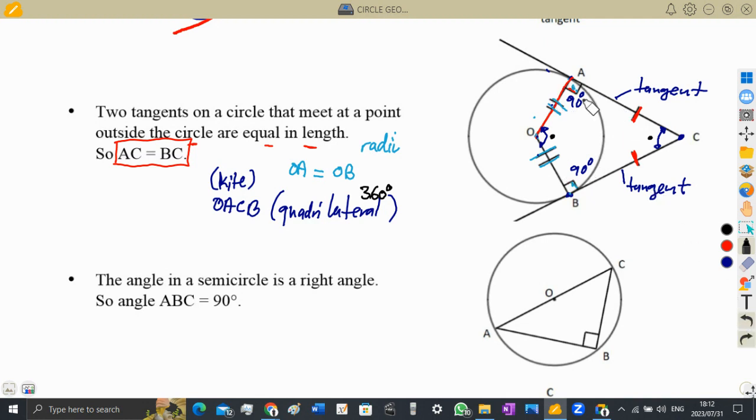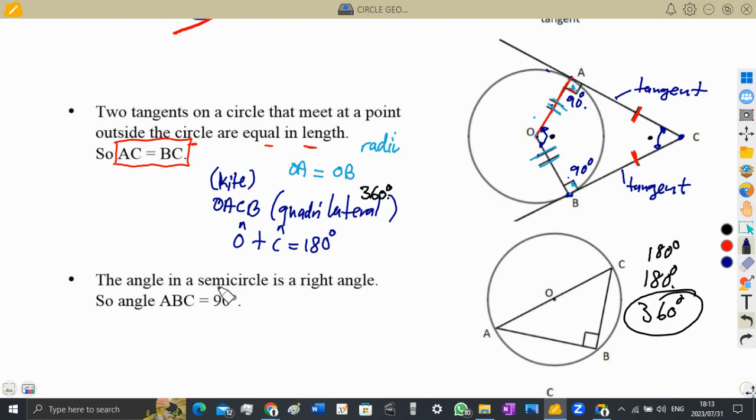So if we add these two 90s, we get what? 180 degrees. So out of 360, we are going to remain with 180, because 180 plus 180 gives us what? 360 degrees. So if these two angles give us 180, it means the remaining angles, which is the angle O plus the angle at C, must give us 180 degrees.